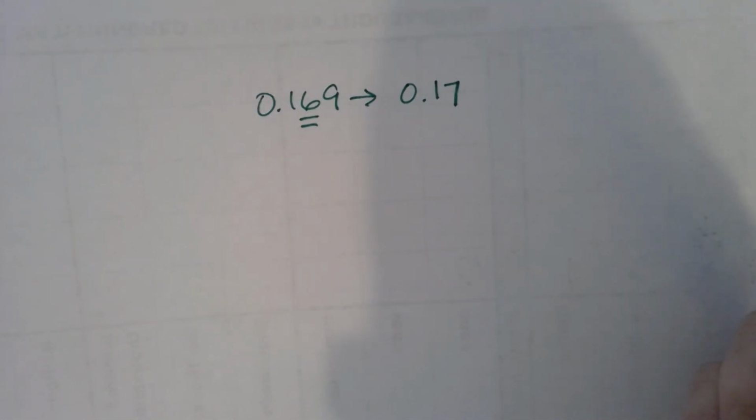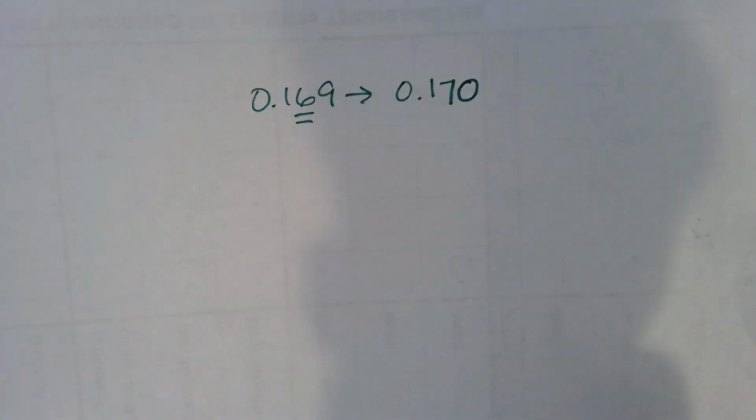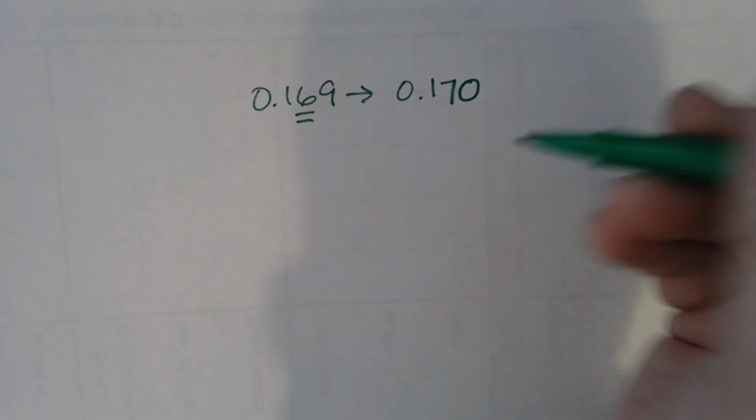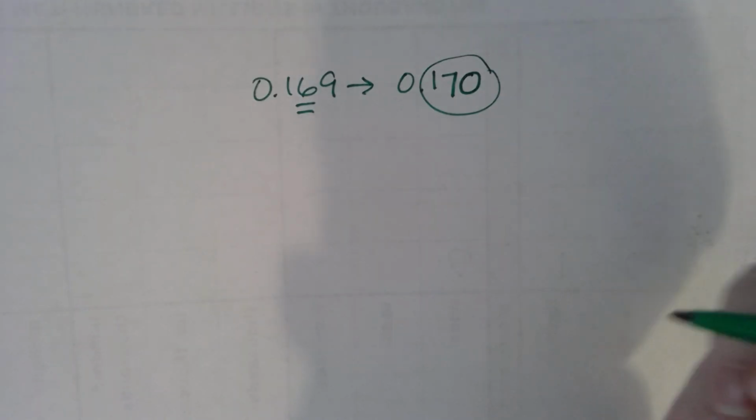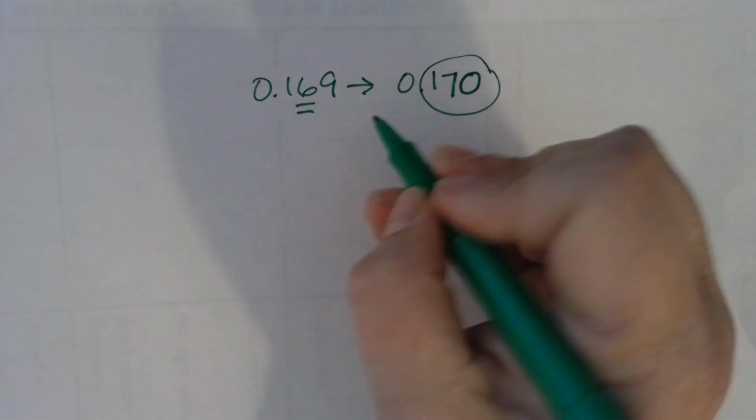If I followed the regular rounding rules and said everything to the right becomes a 0, now what do I have? Remember that where that number ends decides the place value. So now what do I have, Jacob? 170 thousandths.